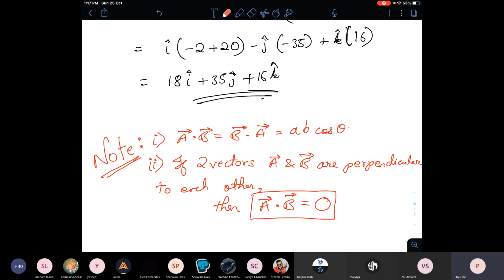Whenever I wrote I dot J, I dot K, or J dot K, I wrote 0. Why? Because they are perpendicular vectors. You can extend that result to general vectors also, not unit vectors only: whenever two vectors are perpendicular to each other, their dot product will be 0. That is one of the features which can be used somewhere to determine something. So this is one of the notes.